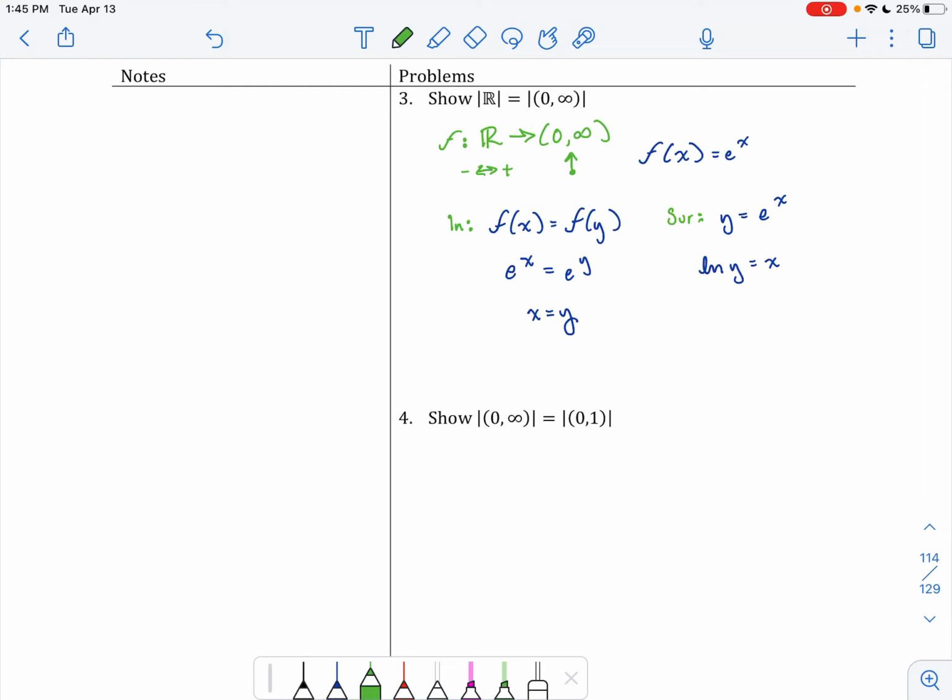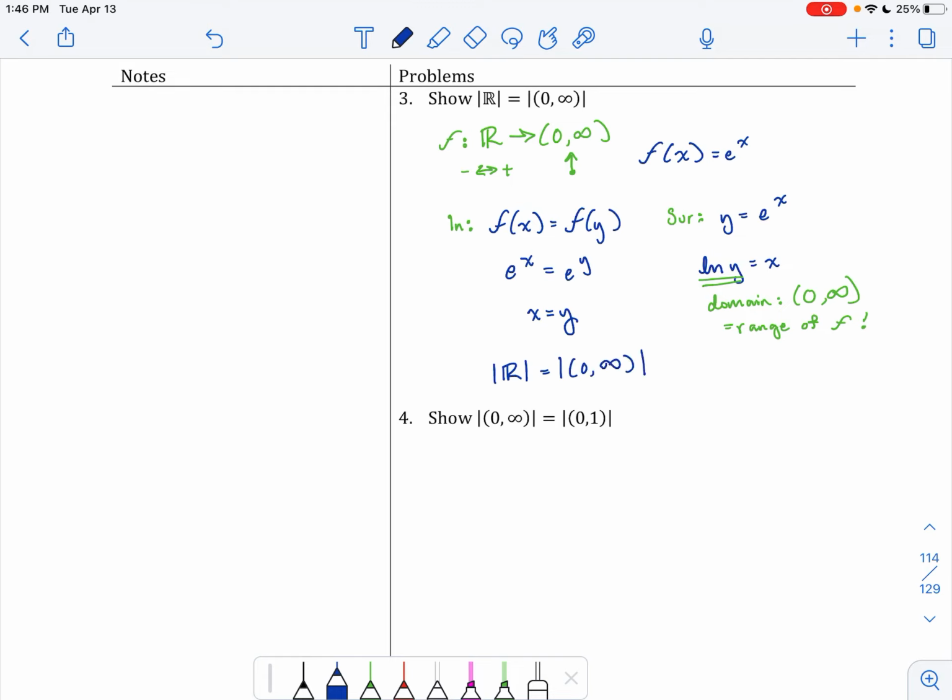Now the domain of ln of y here, the domain of that function is 0 to infinity, which is what we're given as the range of f. So that's equal to the range of our function. So that means that absolutely it is surjective. Hence, since a bijection exists, their cardinalities must be equal.